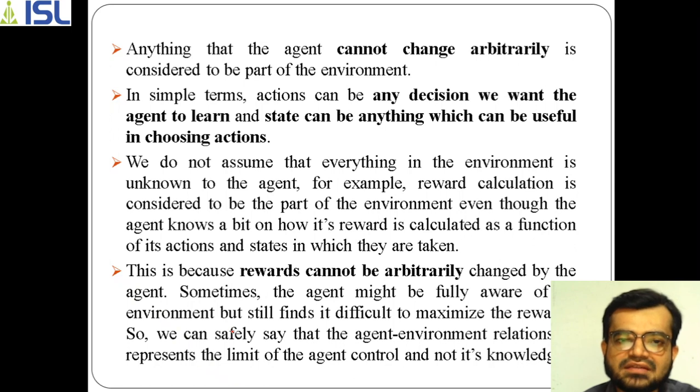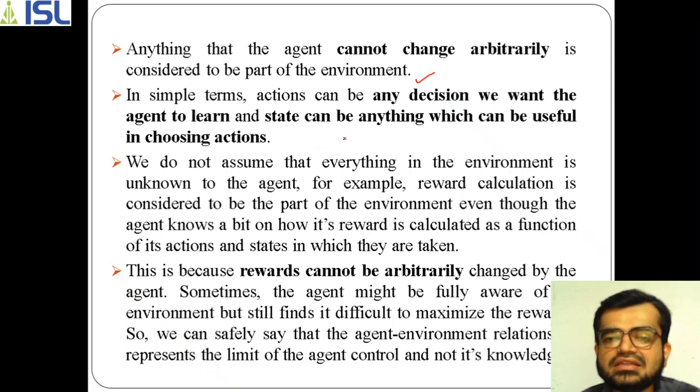What an agent cannot change arbitrarily is considered to be part of the environment. For example, actions have to be performed by whom? By an agent. Actions are decisions: what the agent decides will be implemented with the help of actions.